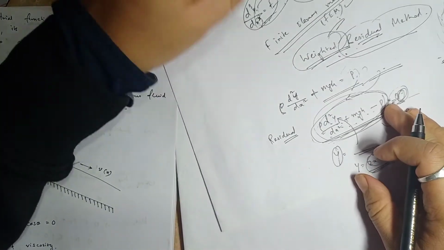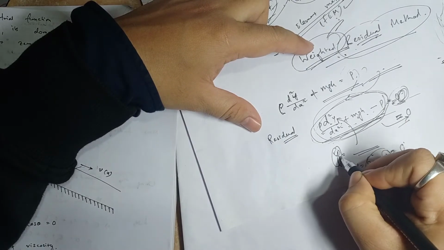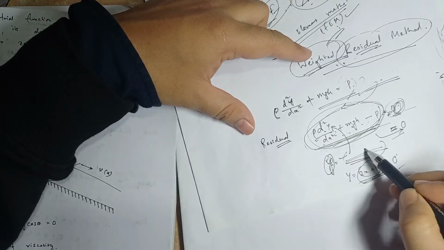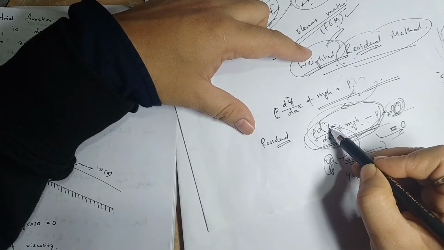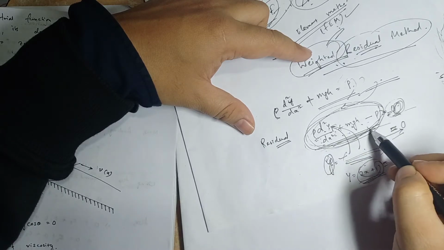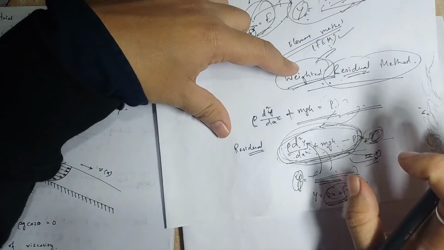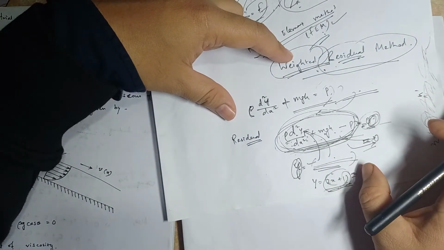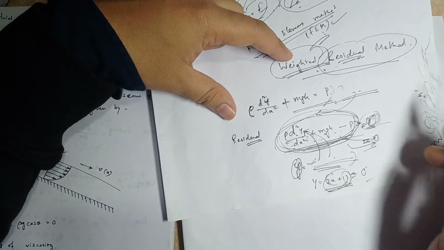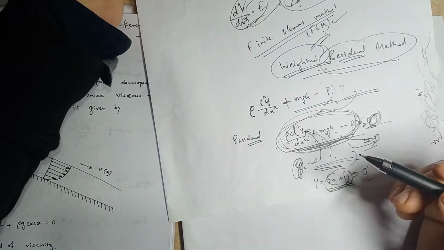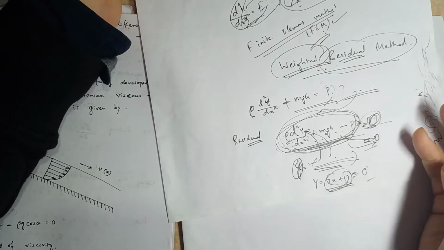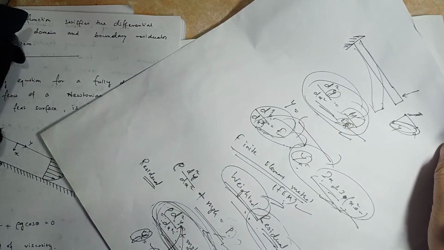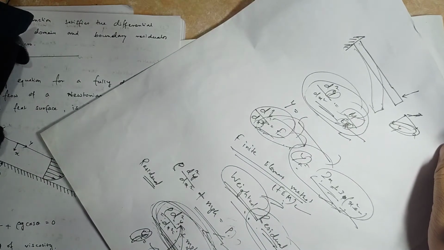So what we have to do is try some functions, trial functions, some expressions, and put them here in place of y, and we want to make this whole thing equal to 0. If we can succeed in making this whole thing equal to 0, that means that is the exact solution. Sometimes it may be possible, but it is normally very hard to find.